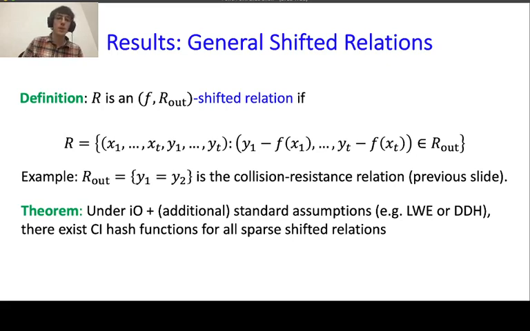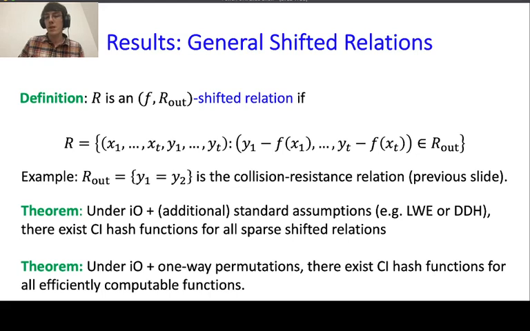I also want to mention that our technique here implies new results even in the single input setting. So we can build correlation intractable hash functions in the single input setting just based on I/O plus one-way permutations, which is mostly just a theoretical separation because I/O and one-way permutations don't imply any form of two-input correlation intractability.